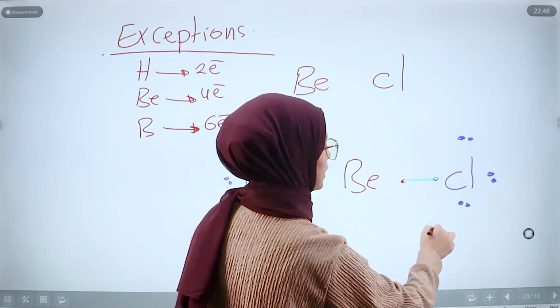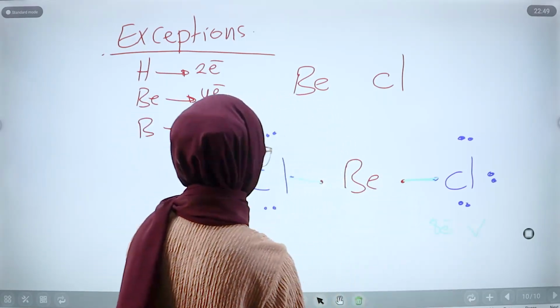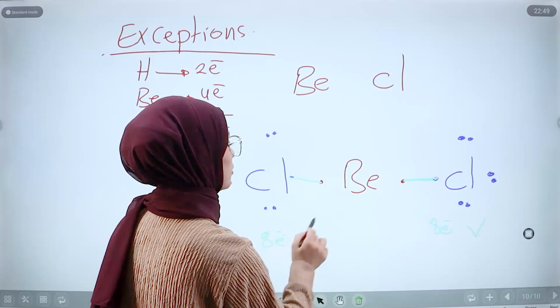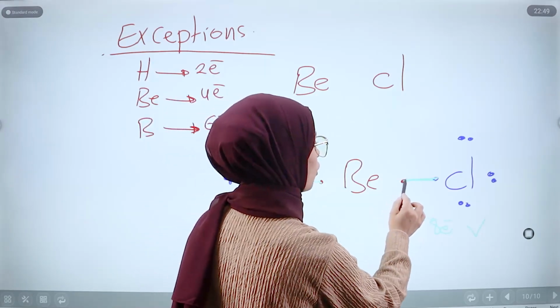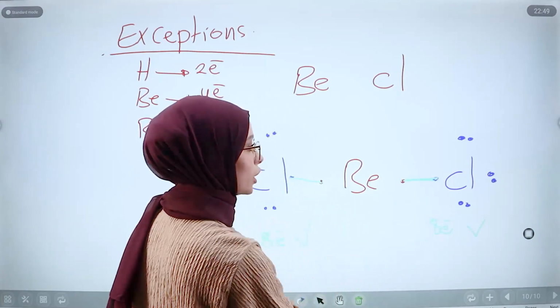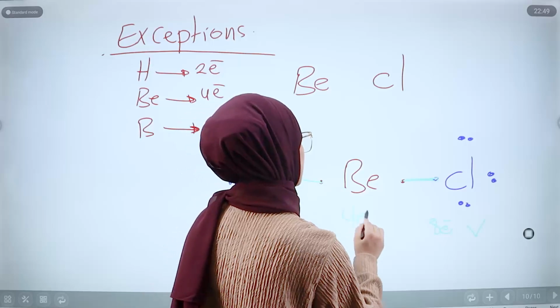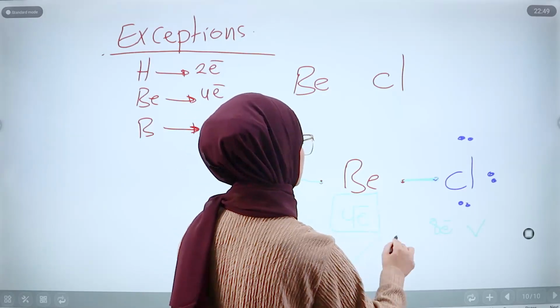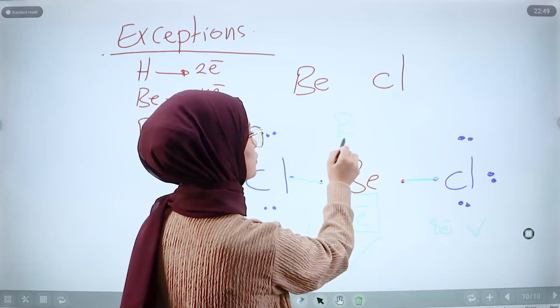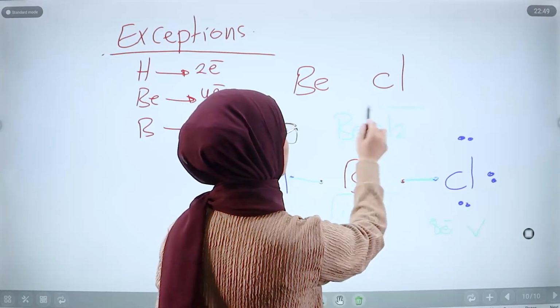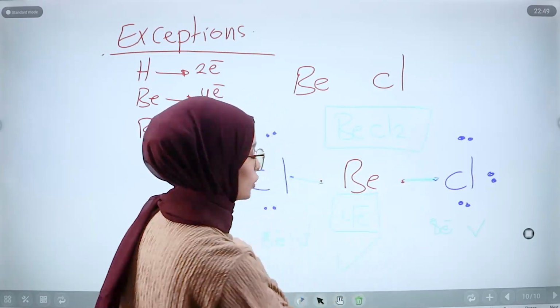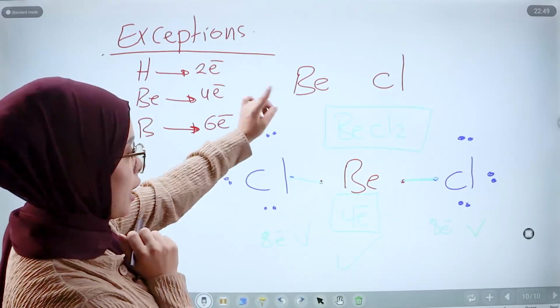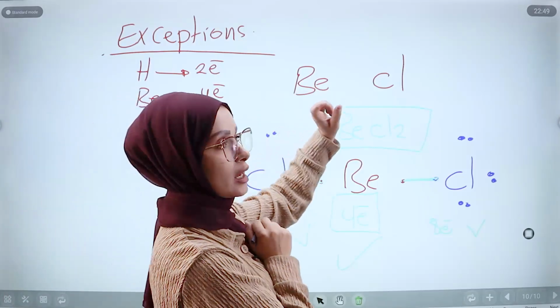Now the chlorine has 8 electrons. Look at beryllium: 1, 2, 3, 4. Yes, it is stable and happy at 4 electrons. So the compound is BeCl2.